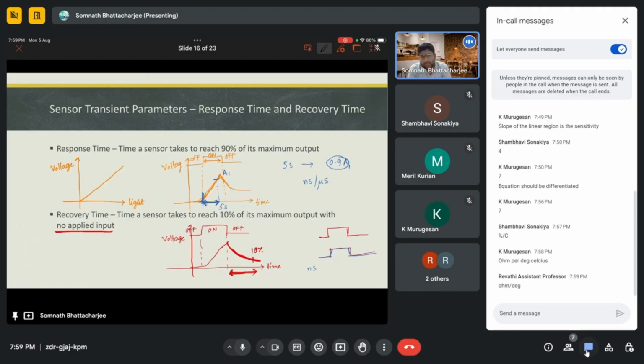Can you mention any specific case where the response time or recovery time will be a very important parameter, without which the sensor is useless? Any real life case where you can think of this?